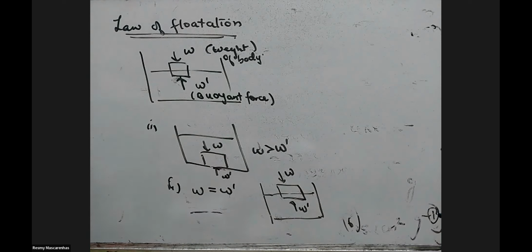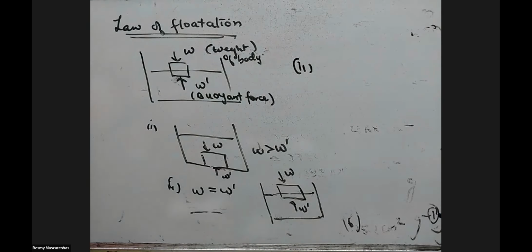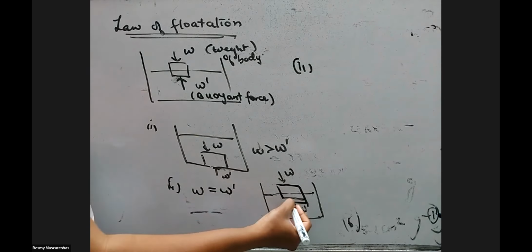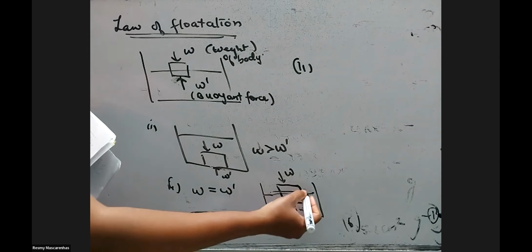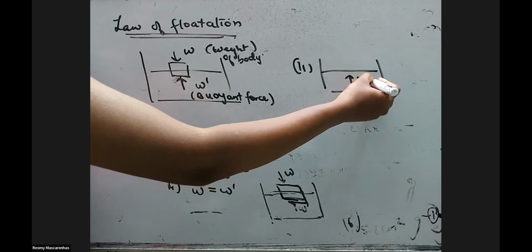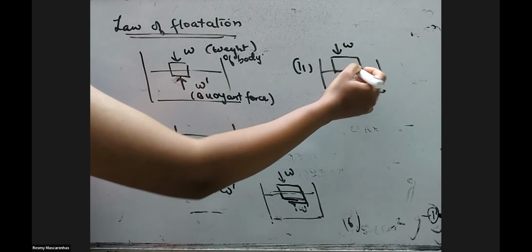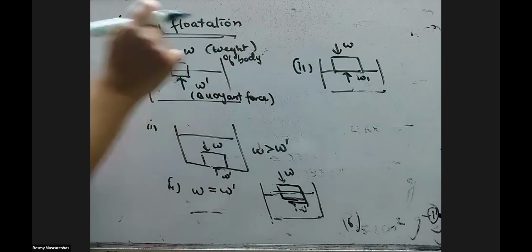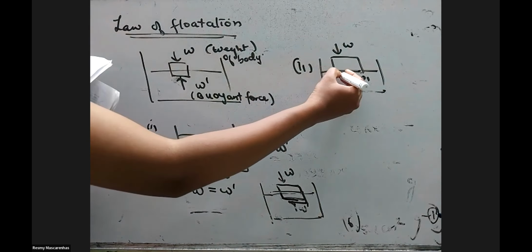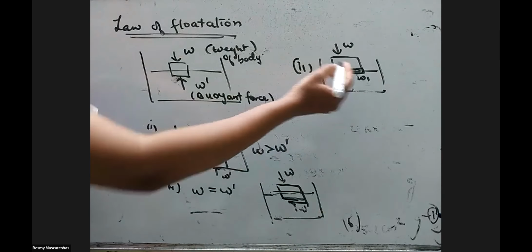In the third case, this will be partly submerged. There the diagram, there's something they've not given. When the buoyant force is more than the weight, it's going to float completely. Or you can say if its weight is this, partly you can say, not exactly float, like partly submerged.